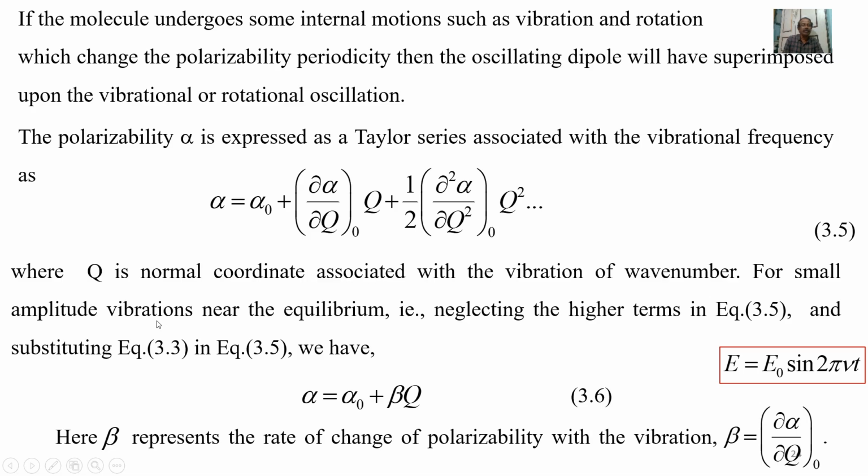For small amplitude vibrations near the equilibrium, neglecting the higher terms, the third term, fourth term and so on, we neglect the higher terms in equation 3.5 and substitute. We have alpha equals alpha naught plus beta q.